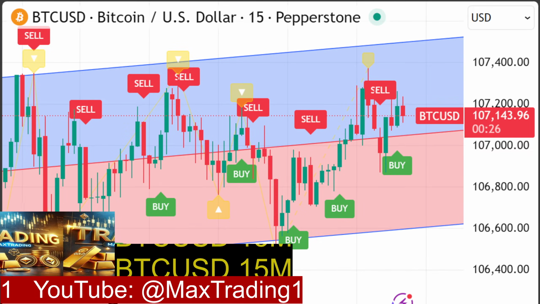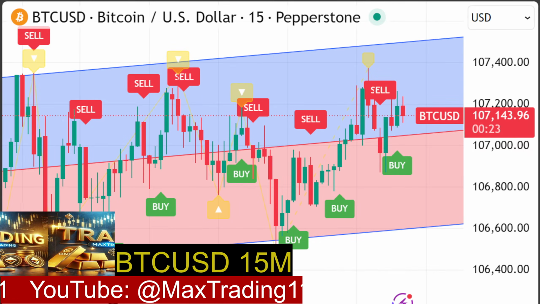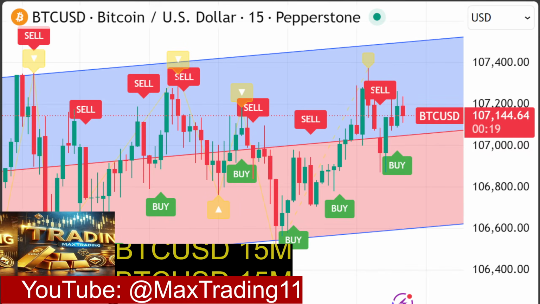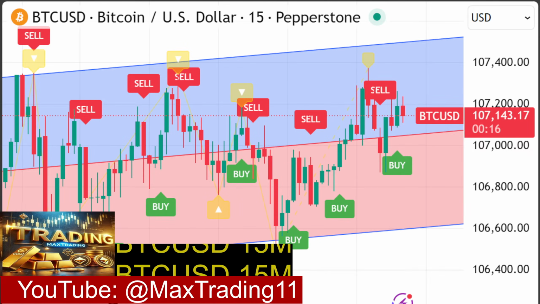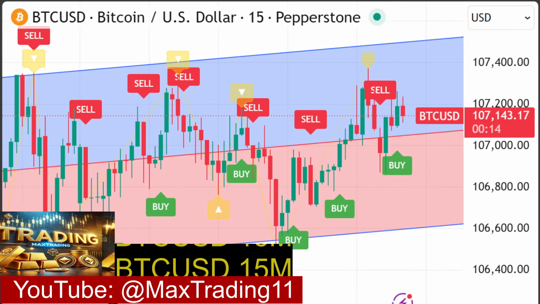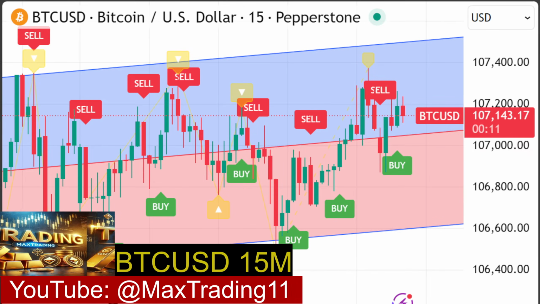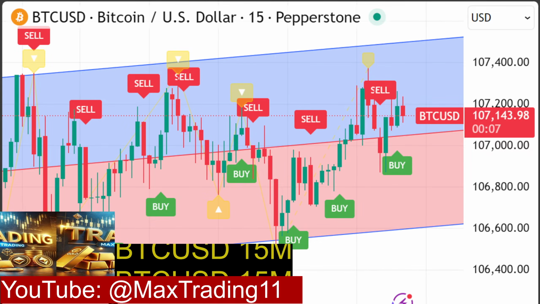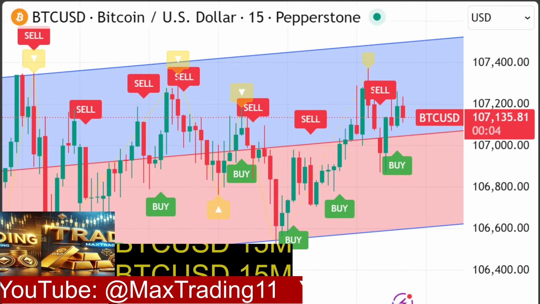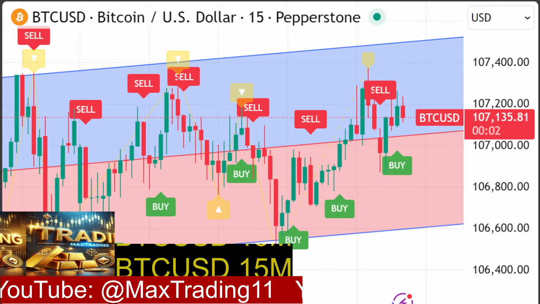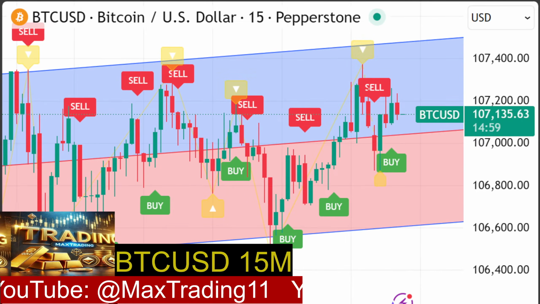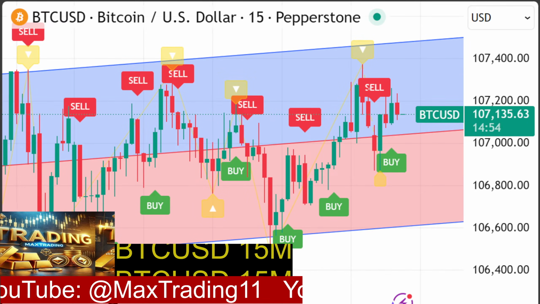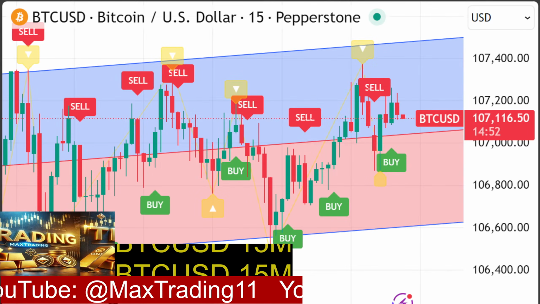From a technical standpoint, Bitcoin has strong psychological levels at $30,000, $50,000, $60,000, and $70,000. Institutional liquidity often clusters around these round numbers. When you see Bitcoin consolidating around $65,000 to $68,000, it's often the calm before a major breakout, especially if global risk sentiment improves.